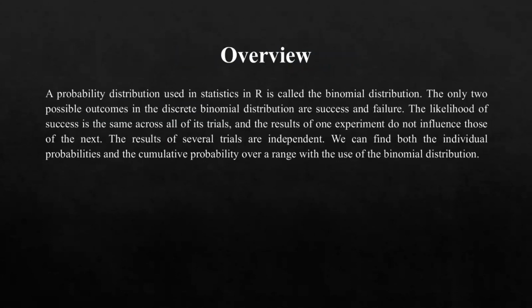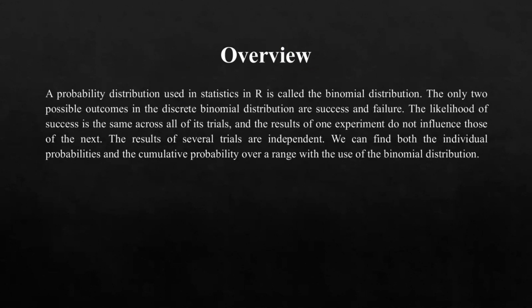A probability distribution used in statistics is called the binomial distribution. The only two possible outcomes in the discrete binomial distribution are success and failure, such as if it's a number, it can be 0 or 1, or if it's a toss, it can be head or tails.